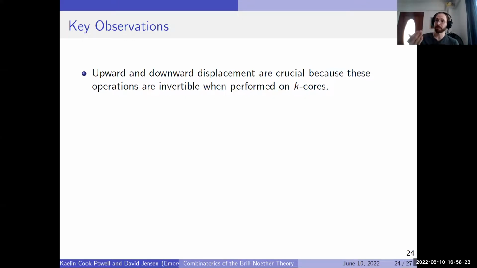If I take the upward displacement with respect to a in Z mod k, and then the downward displacement, I end up with the same partition I started with, and vice versa. This operation gives the ranking on the lattice.